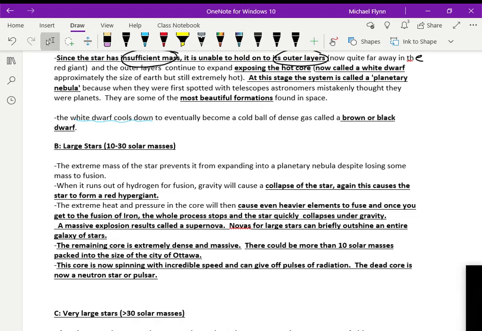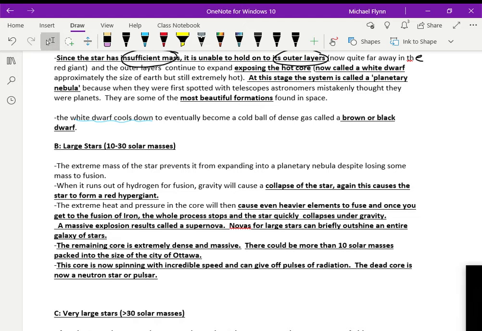So it gets tremendously hot and becomes this red giant. Then when that runs out, it collapses in on itself. Once you start fusing iron, basically you're done with the fusion process. You can't fuse past iron.